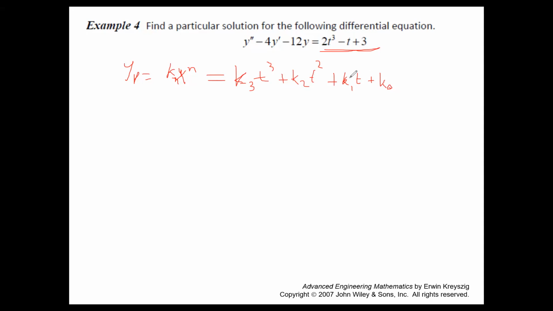So this will be your choice of yp. And then the next step will be to get yp prime and then yp double prime.